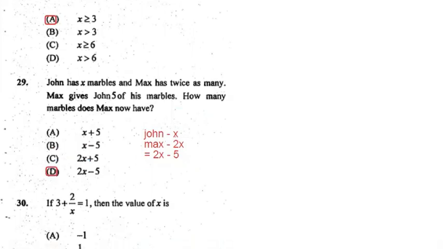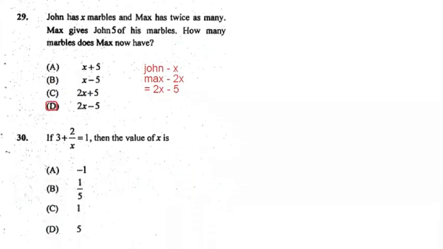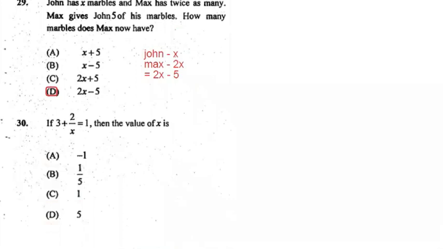30 states if 3 plus 2 upon x is equal to 1, then the value of x is... So there are 2 ways that you can work this. First, you can multiply through by x to cancel the x, or you can find the LCM.